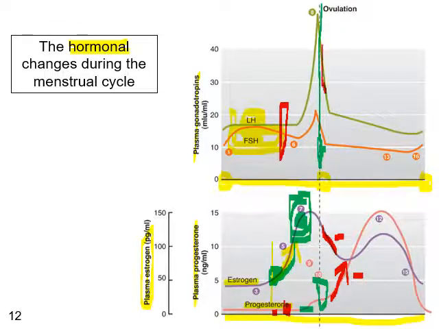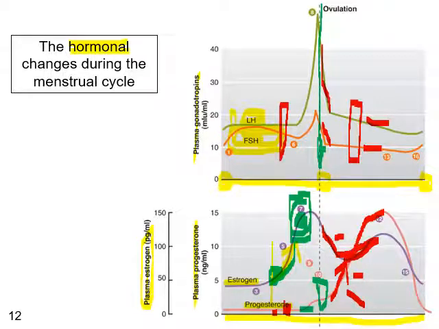So the surge of LH and FSH terminates, and the levels of LH and FSH return to low and stable-ish levels. So it is progesterone produced by the corpus luteum, high levels of progesterone, low intermediate levels of estrogen, that return the system back to negative feedback, low and stable levels of LH and FSH.